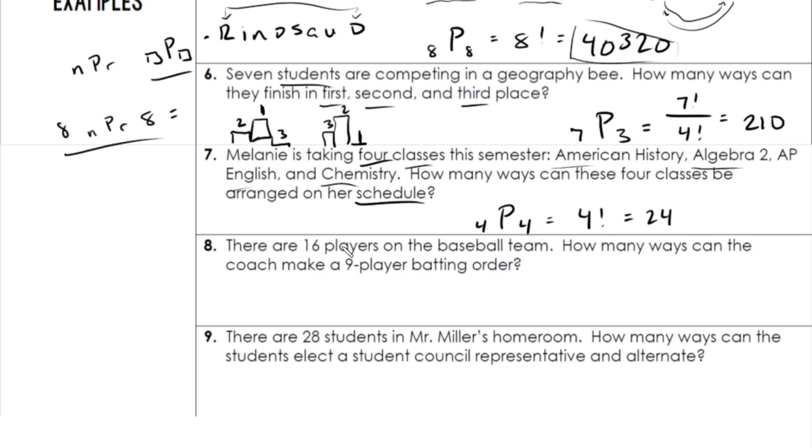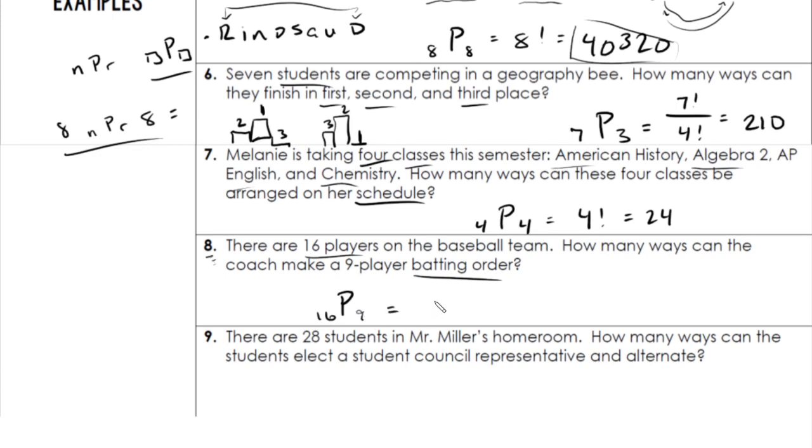Next up, there are 16 players on a baseball team. How many ways can the coach make a 9-player batting order? So batting orders definitely matter. Which ones go first, second, third, fourth? Your baseball players can tell you. So this is definitely a permutation. And then the important part is how many total people are involved goes in the front, and then how many we're choosing for a particular batting order goes next. So it's 9.